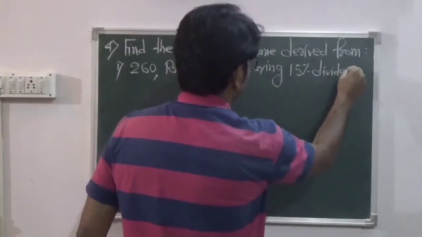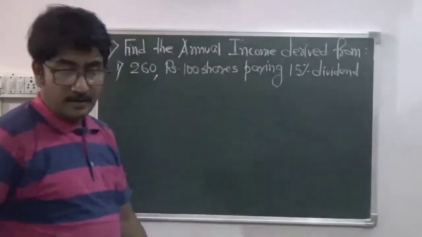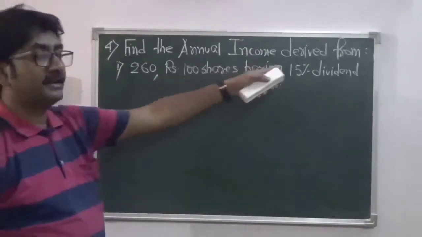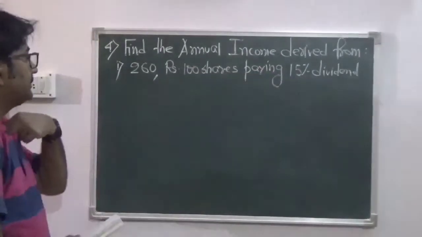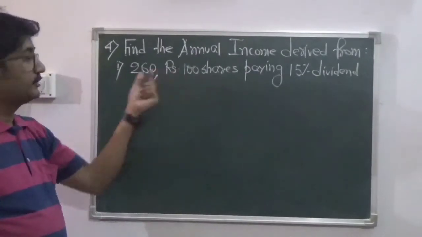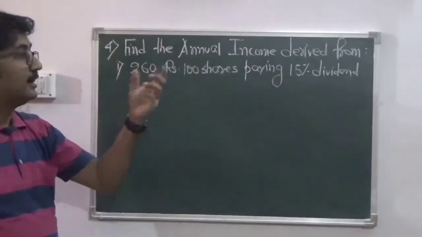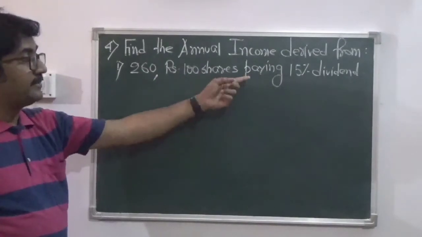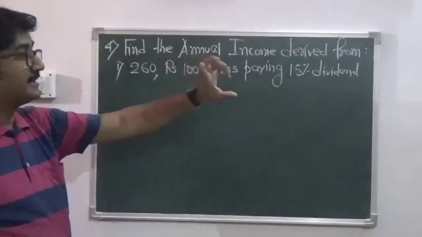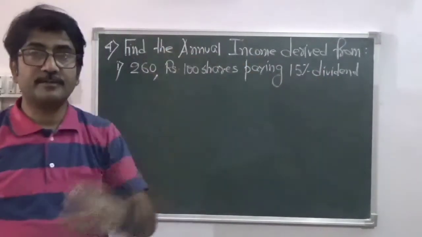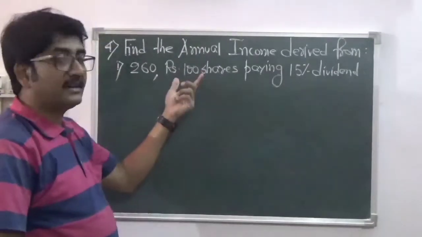Now here you can see it is given to find the annual income derived from the 260 rupees 100 shares. So annual income is to be found here. The 260 is the total number of shares, each of face value rupees 100, paying 15% dividend. So the dividend percent is 15%, and that has to be calculated obviously on the face value, which is rupees 100.